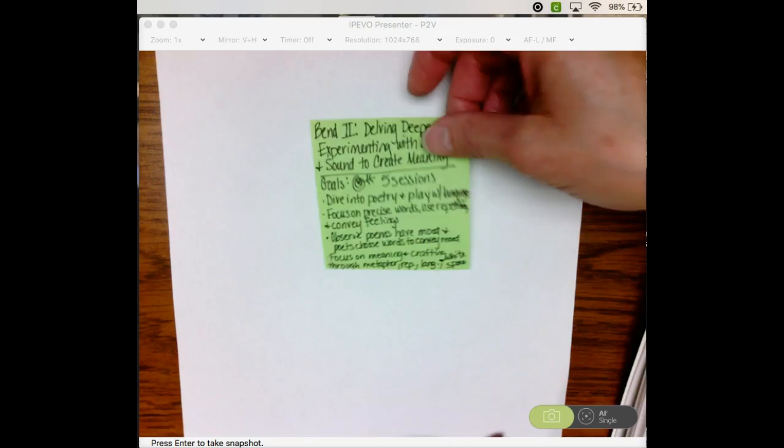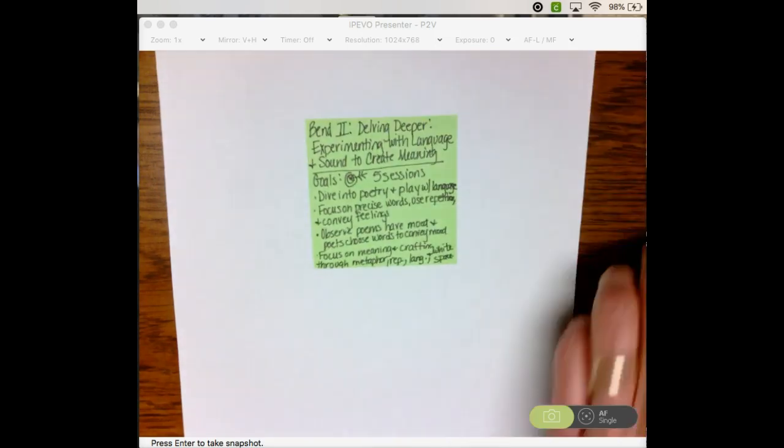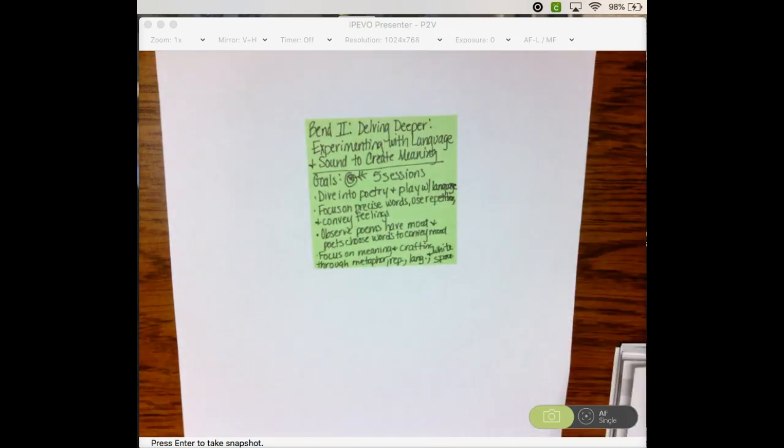Bend 2, we're moving into delving deeper and experimenting with language. So getting more time to play with language, and they'll use sound to create meaning. This particular bend is 5 sessions long.